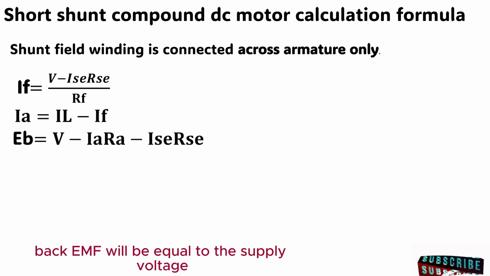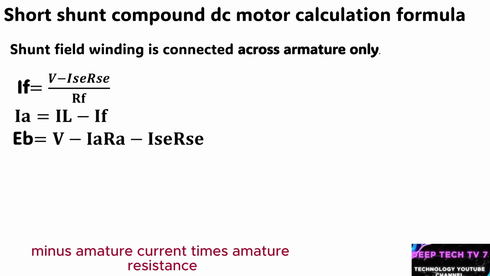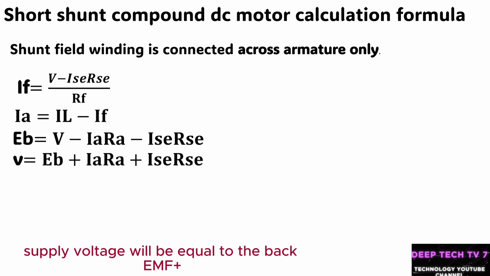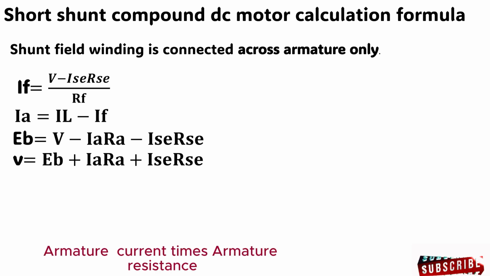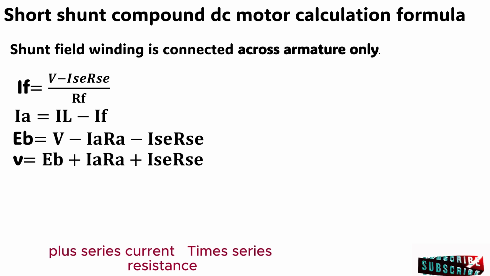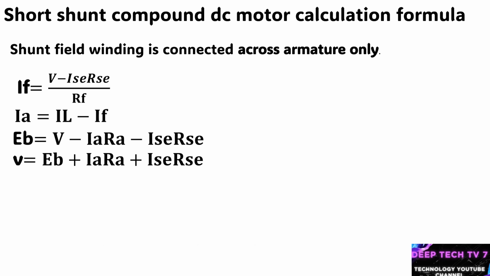Back EMF will be equal to the supply voltage minus armature current times armature resistance minus series current times series resistance. Supply voltage will be equal to the back EMF plus armature current times armature resistance plus series current times series resistance.